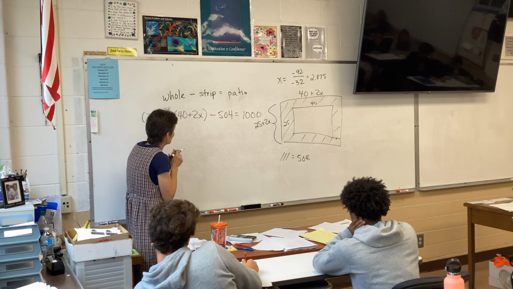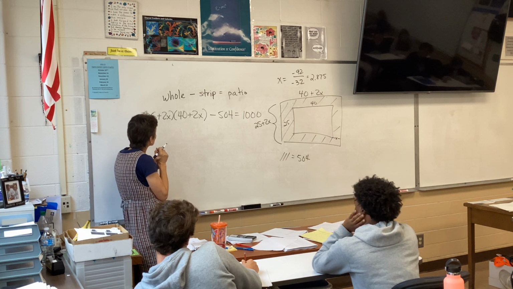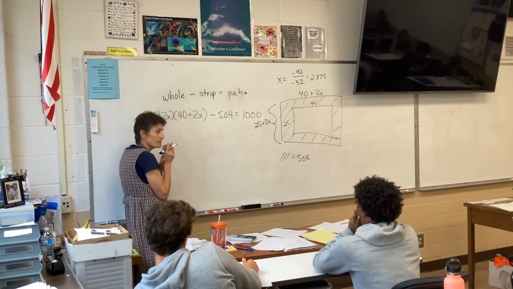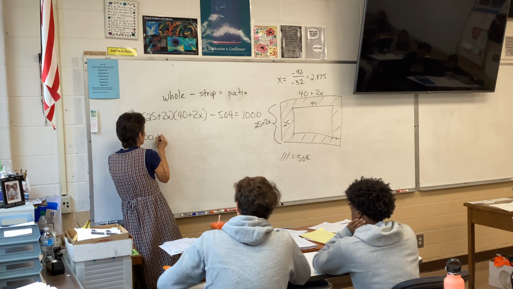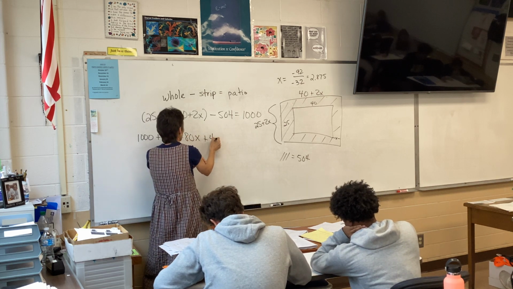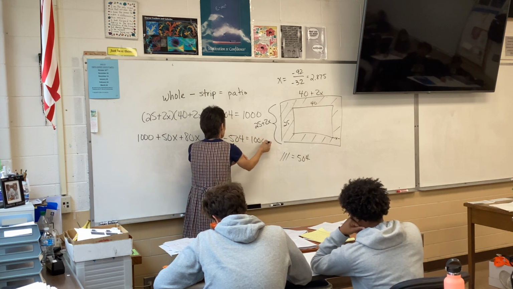So how should we solve this now? Well, probably gotta get it foiled out, so we got 1,000 plus 50x plus 80x plus 4x squared minus 504, 1,000.